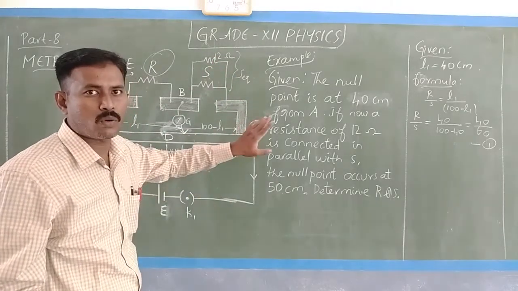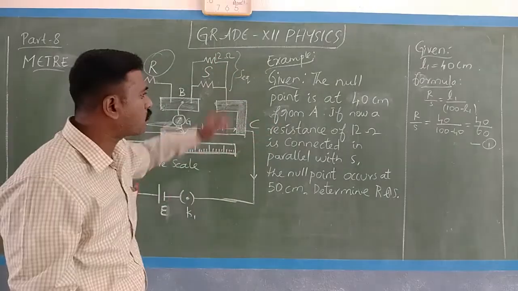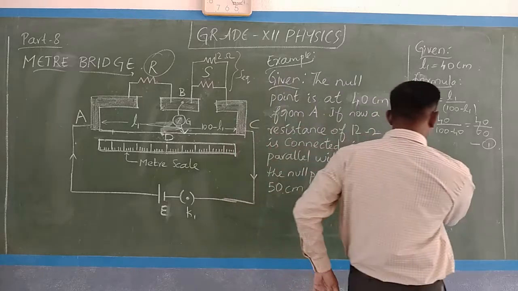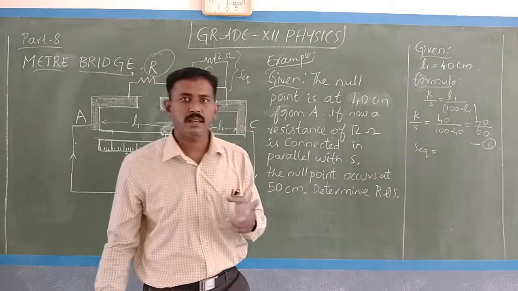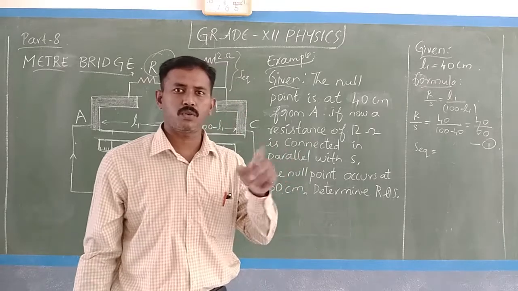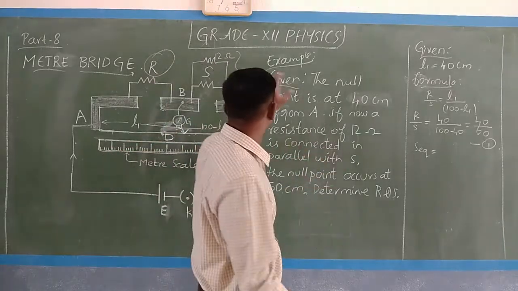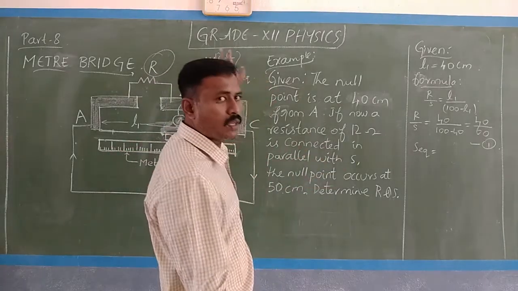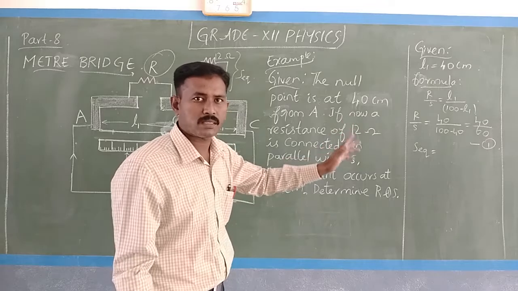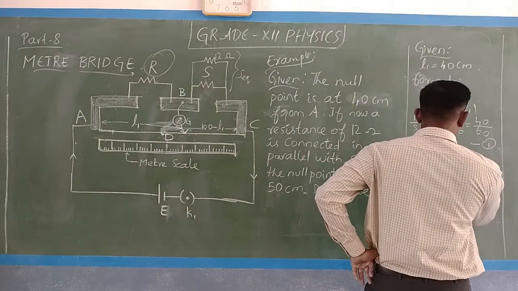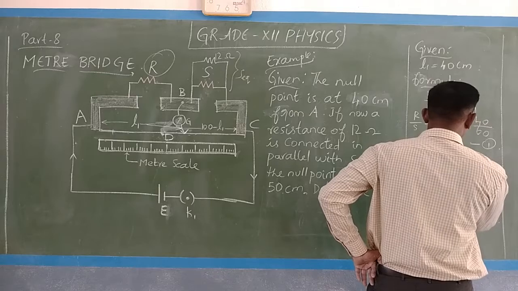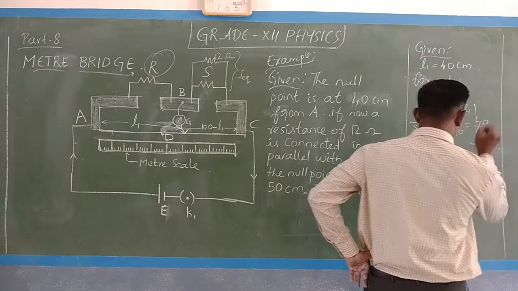So S equivalent is, for two resistors in parallel, the formula is R1 R2 by R1 plus R2. If this is R1 and this is R2, R1 R2 by R1 plus R2. That is the formula. So that is 12 S divided by 12 plus S.